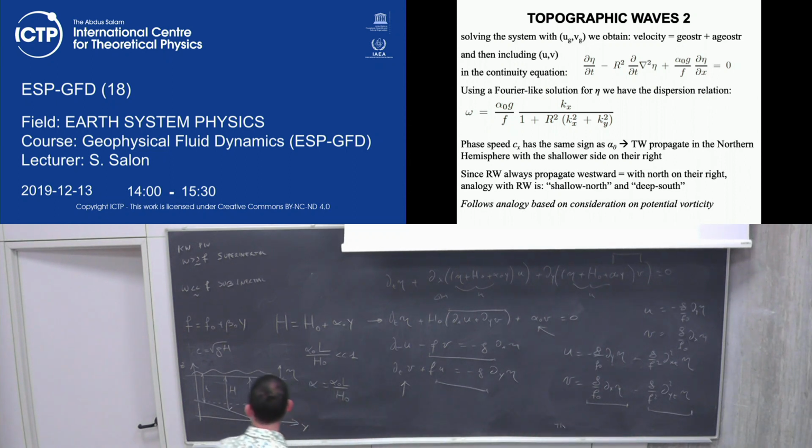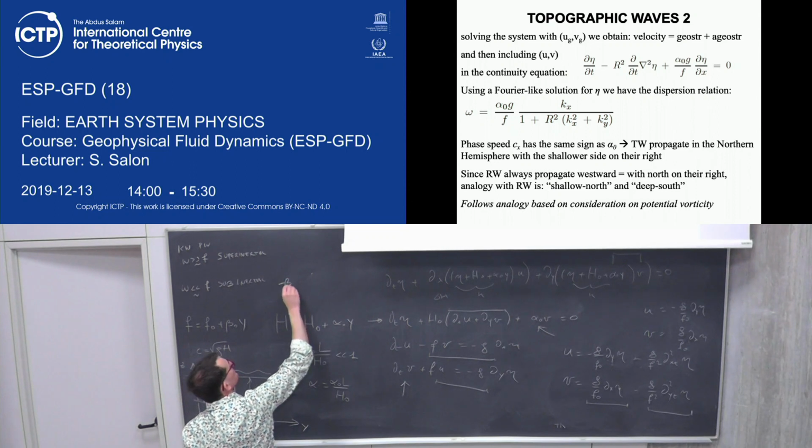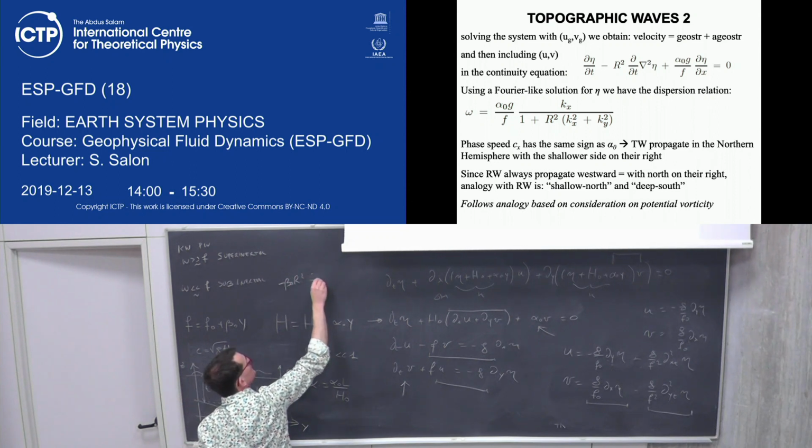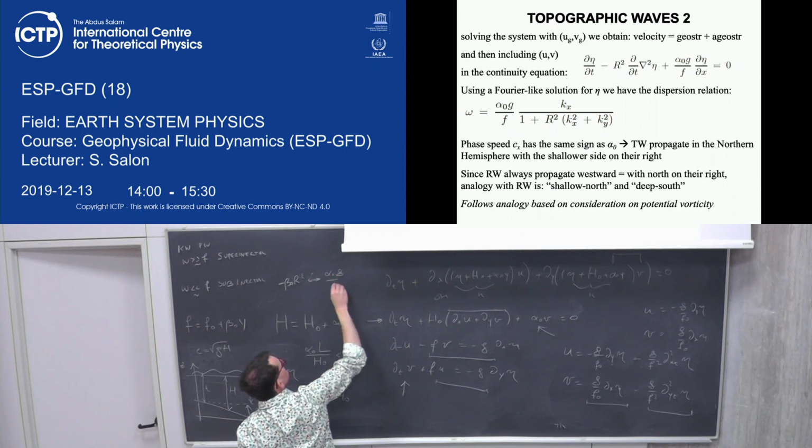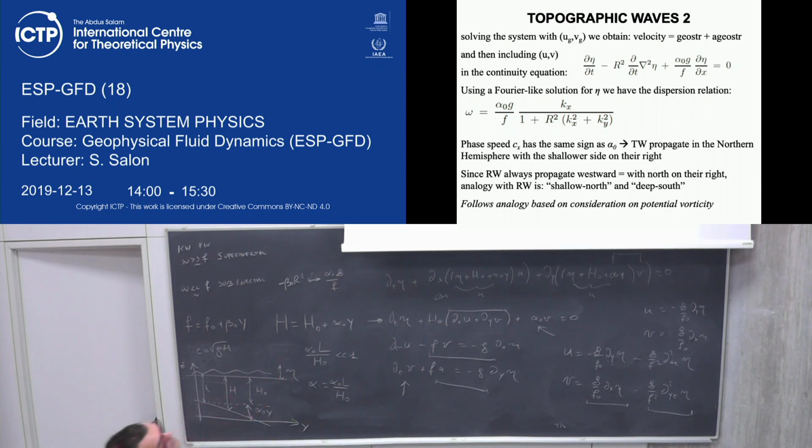So let me write here, minus beta 0 r squared is alpha 0 g over f. And of course, what happened to the dispersion relationship? Exactly the same, with the first parameter not minus beta 0 r squared, but alpha 0 g over f. This is exactly the same.